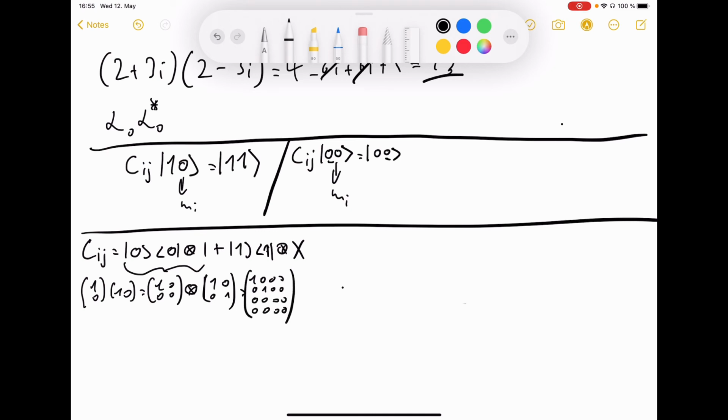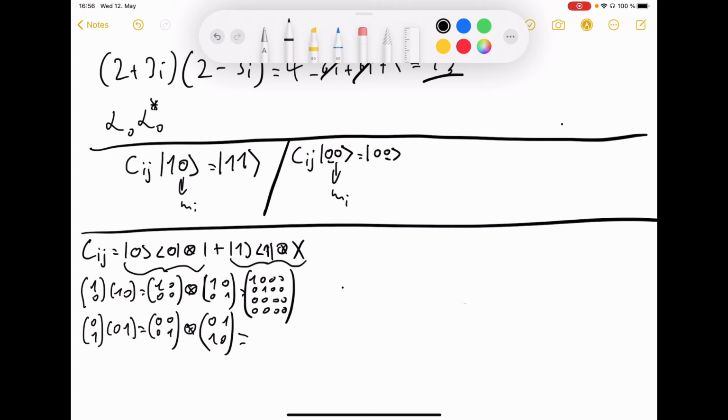Now let's look at this part here, which is the outer product of the state 1, which is 0 1, resulting in 0 0 0 1. Then if that state is 1, we apply the NOT transformation to the second qubit, which is given by this one here.